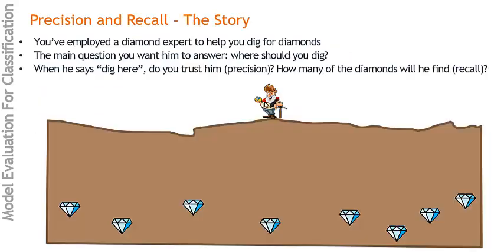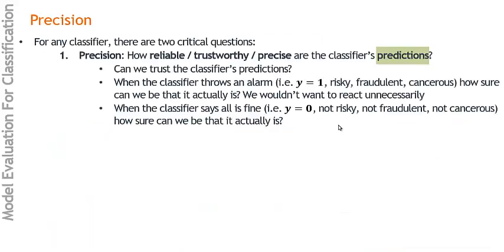Now you could just say, well, dig everywhere and you'll get them all, which is true. But what you want from the expert is, if the expert tells you to dig somewhere, then you have a good chance of reaching a diamond. That's the precision question, so that's this first question here. How reliable or trustworthy or precise are the classifier's predictions?